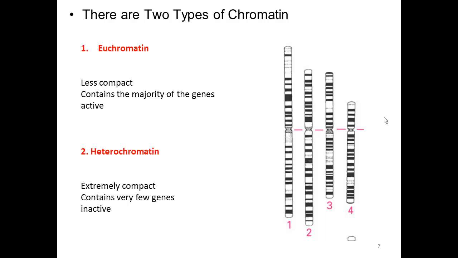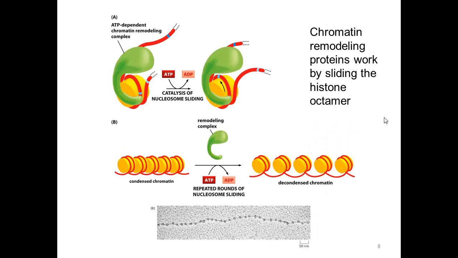Switching between these two regions can be achieved by modifying the positive charges on the histone tails so that they will bind DNA less tightly and the DNA will be less tightly wound. To switch between the two forms of chromatin, highly condensed or more open, one has to remodel the chromatin.